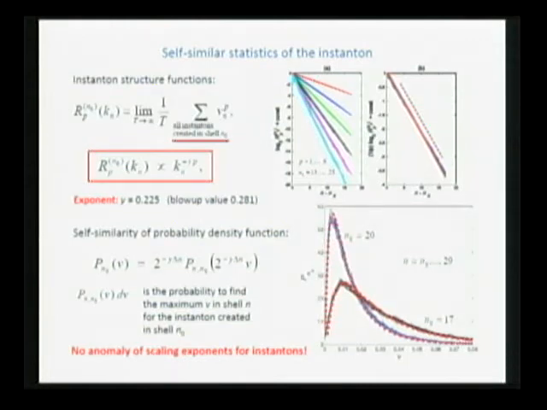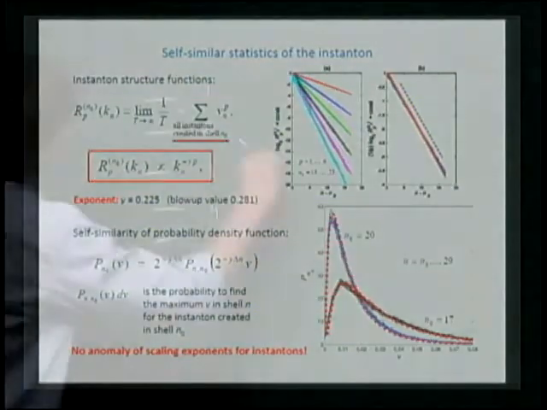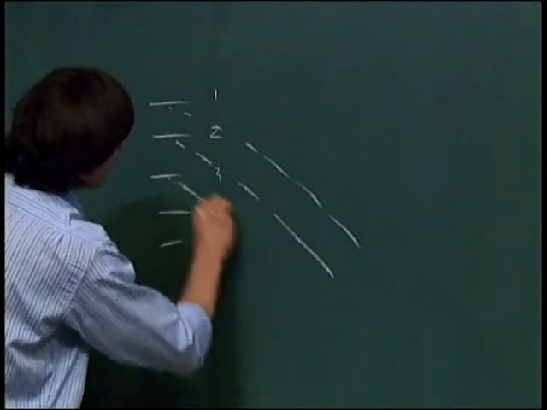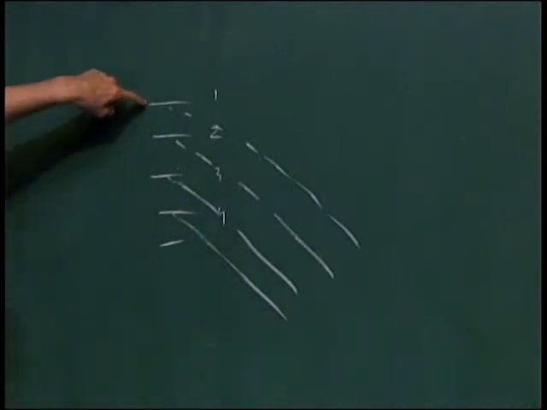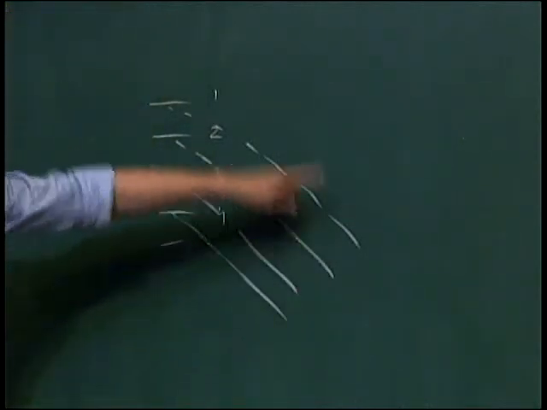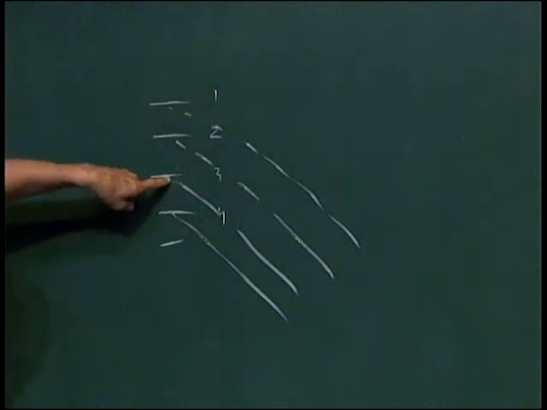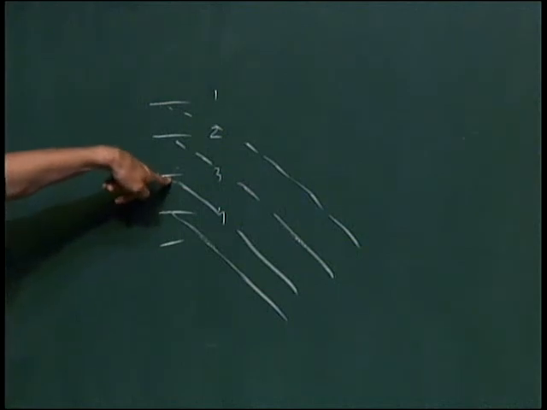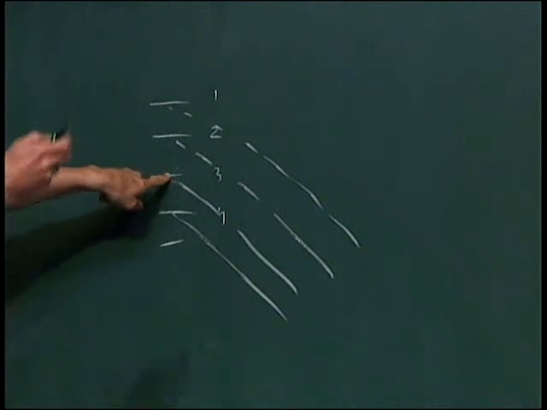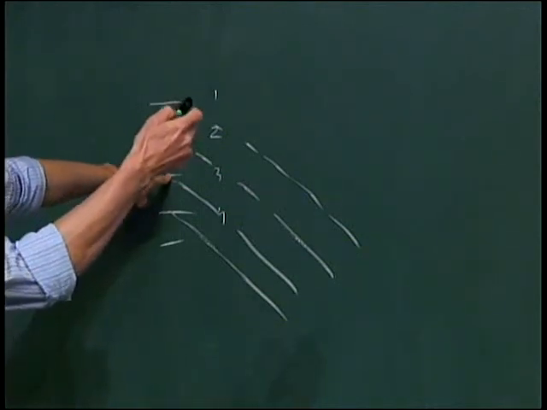But now what we do is, so we have different shells, 1, 2, 3, 4, and we consider maxima for the instantons that are created. Now, in that definition, we sum over all maxima. Now we will sum only for the maxima with the instantons that are created in a certain shell. So we put this conditional structure function.